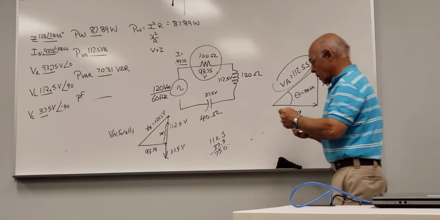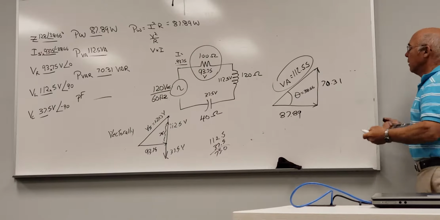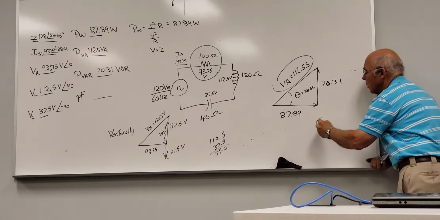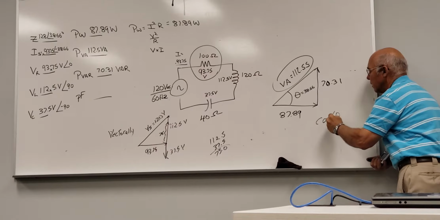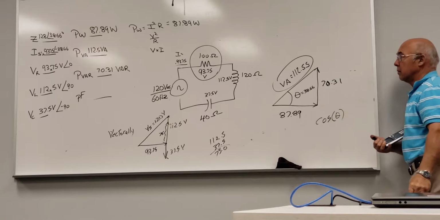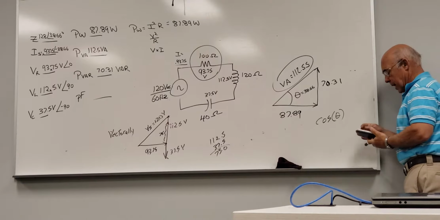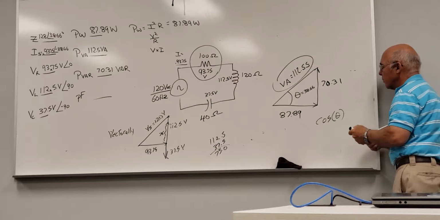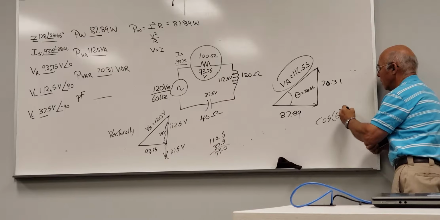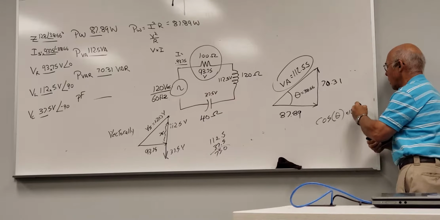All right. Now, the power factor is always the cosine of theta for a power triangle or for impedance times 100. I'll make sure we multiply by 100. That's power factor.